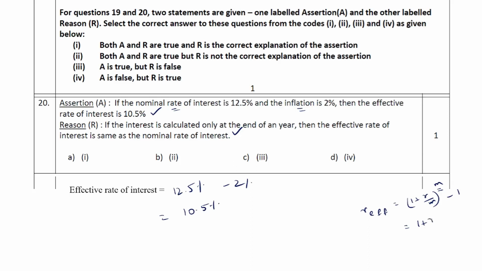So this will be 1 plus R minus 1, which is equal to R. Now this R is nothing but the nominal rate. So we have the effective rate equal to nominal rate when the interest is calculated at the end of a year. So the reason is also true. So here both A and R are true, but R is not the correct explanation of the assertion. So the correct option is option B.